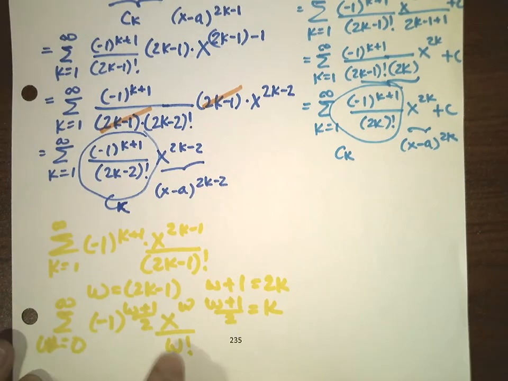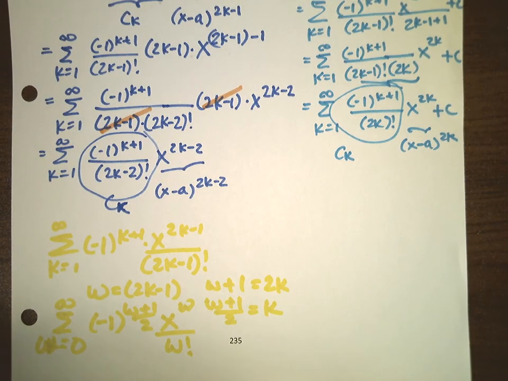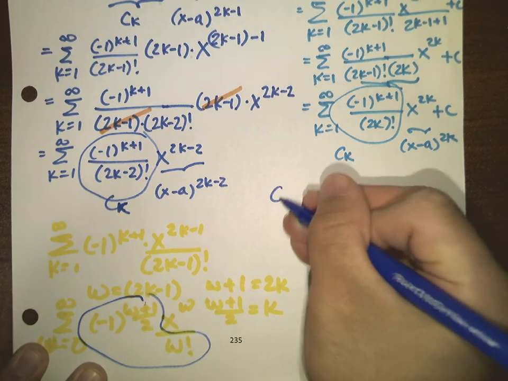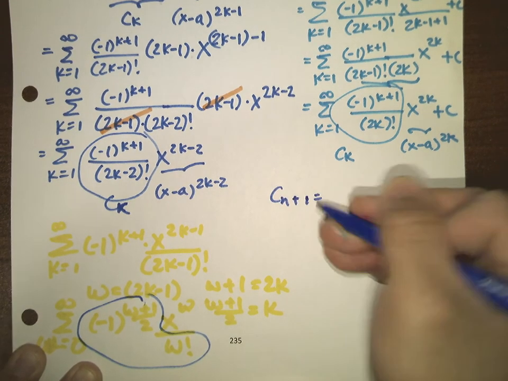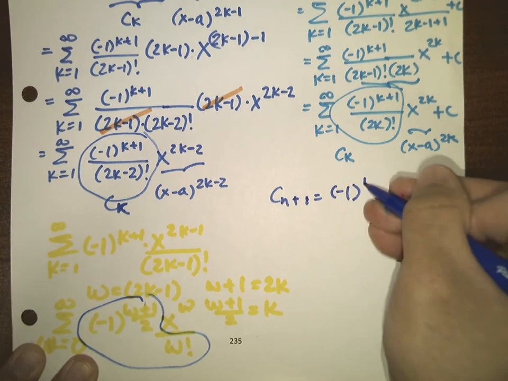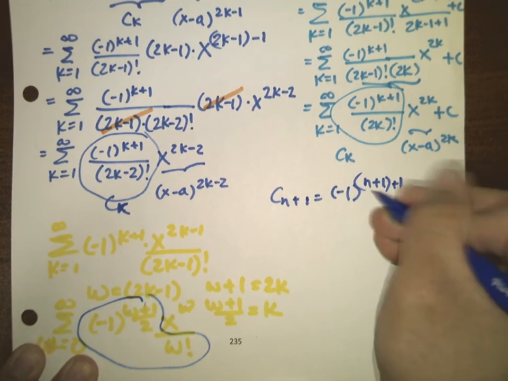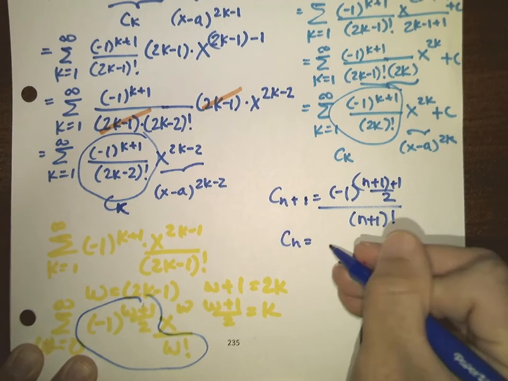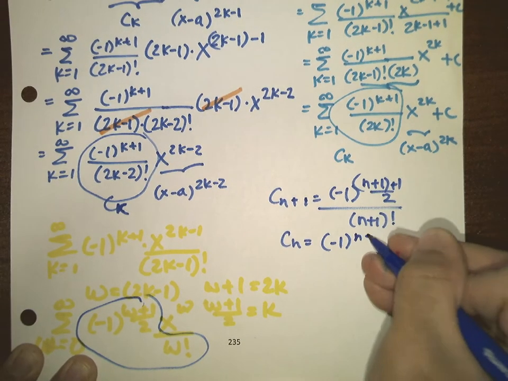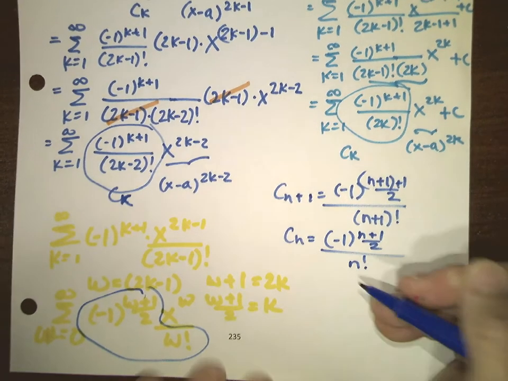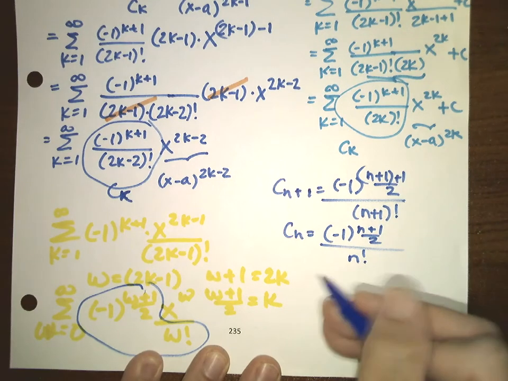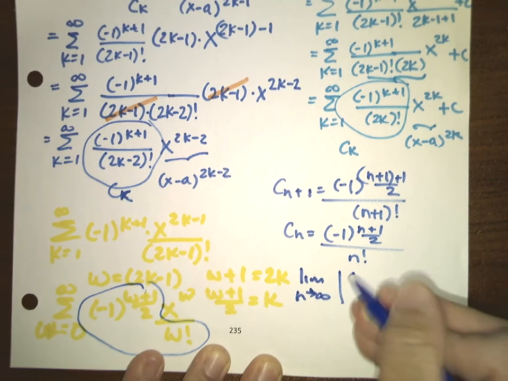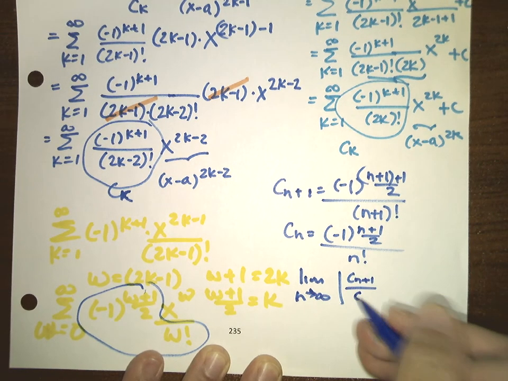All right, so even then, this is a little bit easier to deal with because now my C_{n+1} will just be -1 to the (n+1)/2 over (n+1) factorial, and C_n will be -1 to the (n+1)/2 over n factorial. And then since I just need the absolute value, I need the limit as n goes to infinity of the absolute value of C_{n+1} over C_n.